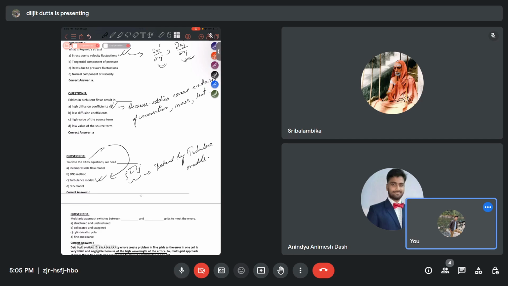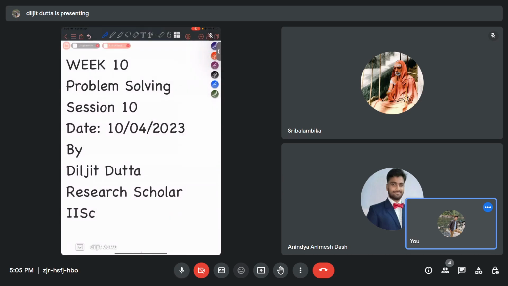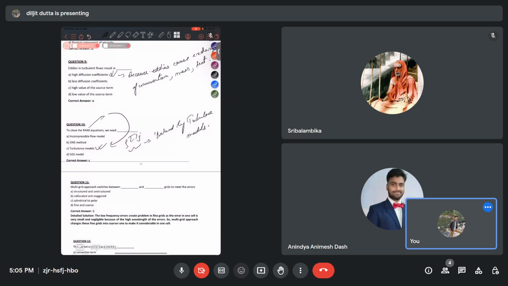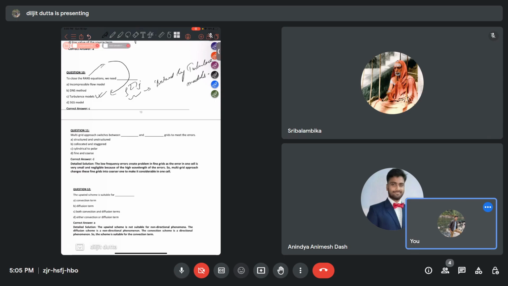So we need to have some turbulence models, and the details of the models are out of the scope of this syllabus of this course. So here we do some approximations.